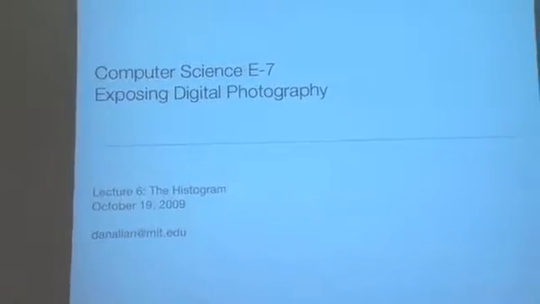Now we get to really get into what I think is actually the best part of this course, because before it was sort of the fundamentals of photography. The first half of this class is really meant to get everyone on the same page regarding really important photography terminology and exposure.